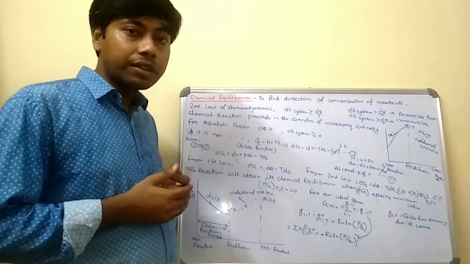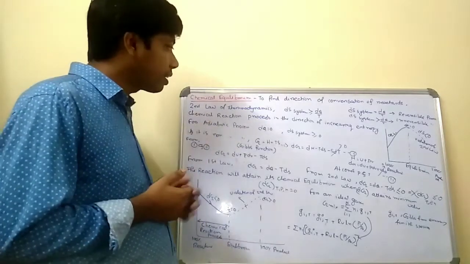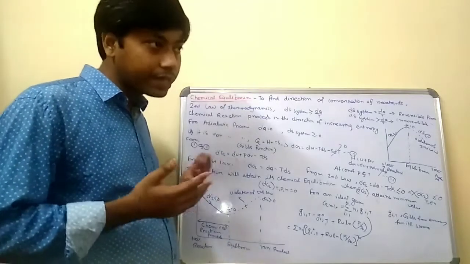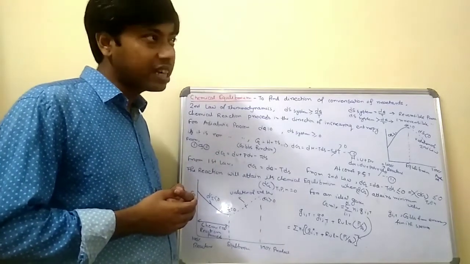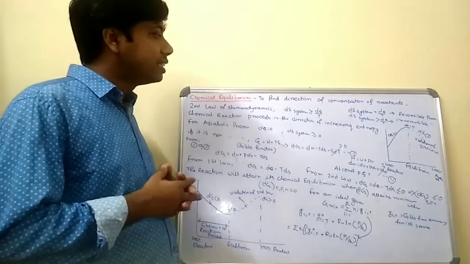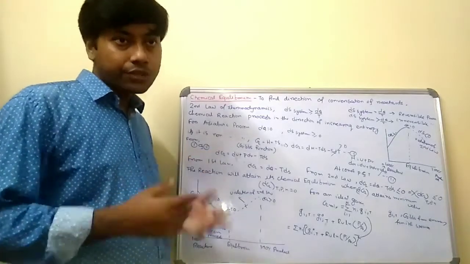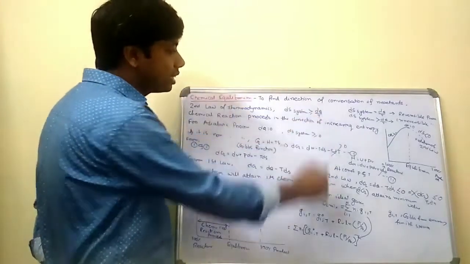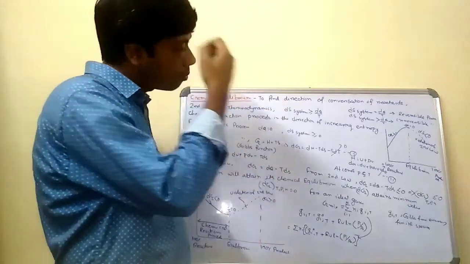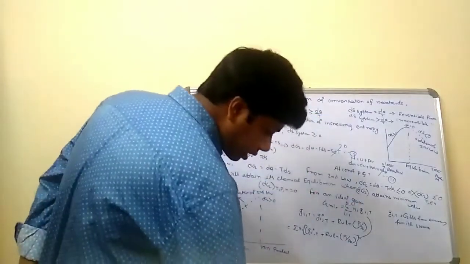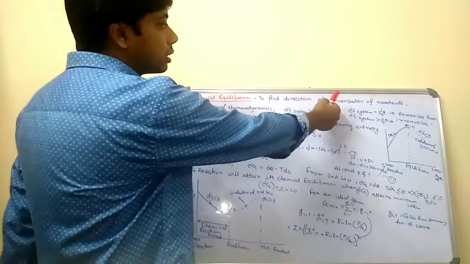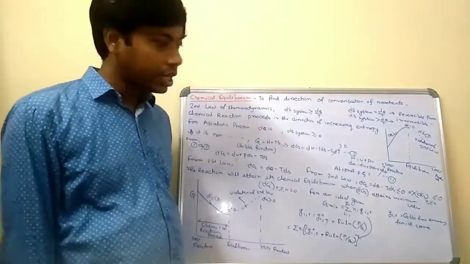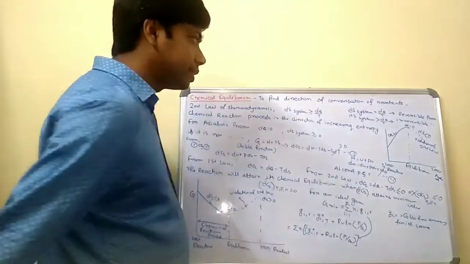From the second law of thermodynamics we know that dS system, the change of entropy of the system, is greater than or equal to dQ by T. Here dS is the change of entropy, dQ is the amount of heat transfer, and T is the temperature.